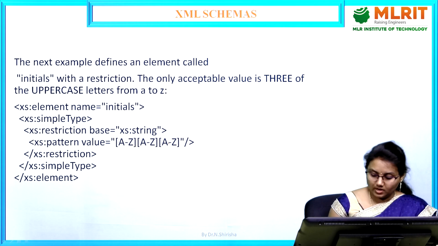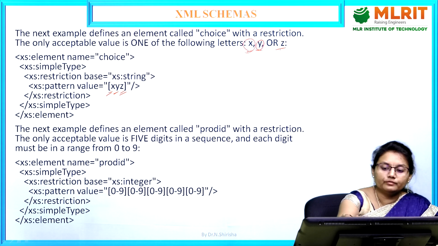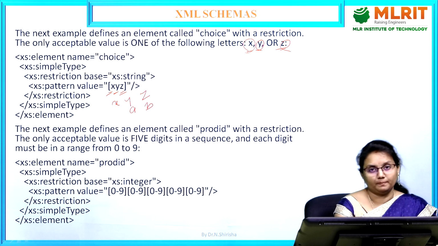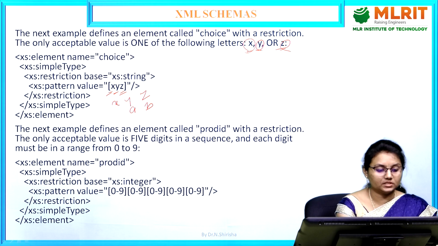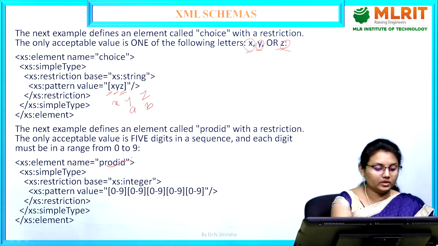So, here what happens? Here I am giving X, Y, Z. So, possible values are one of these 3, either X, either Y, either Z. You can't write A, you can't take B. This is a restriction. And in this example, if you see, I have something like product and simple type integer restriction. So, what is my pattern value? 0 to 9.